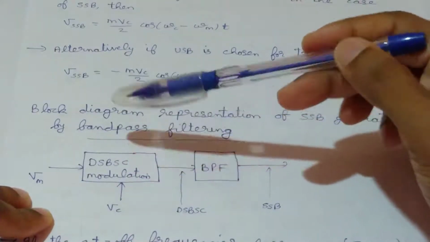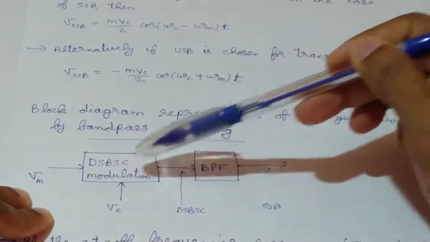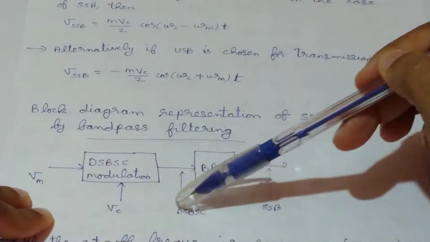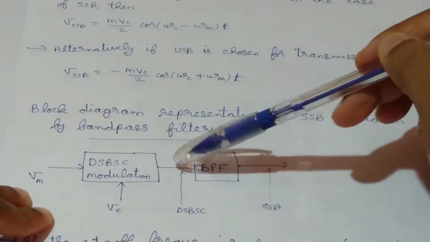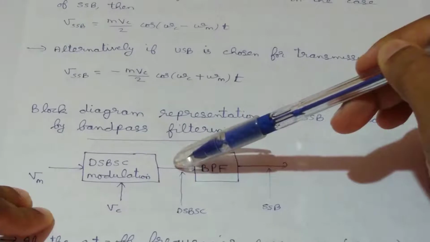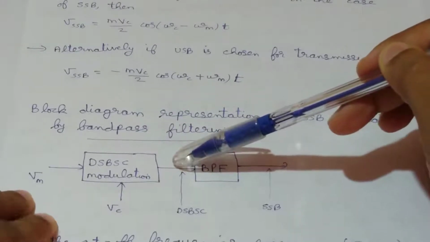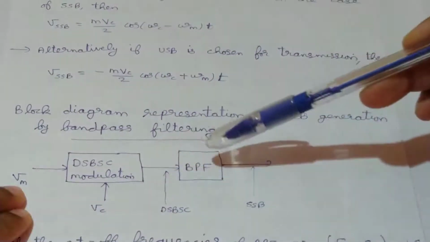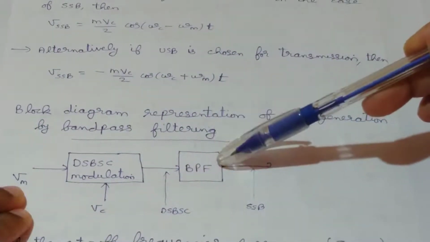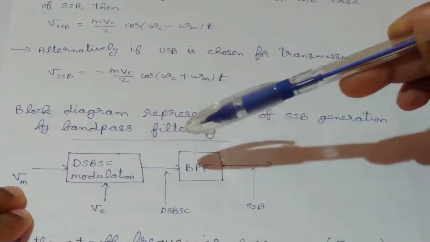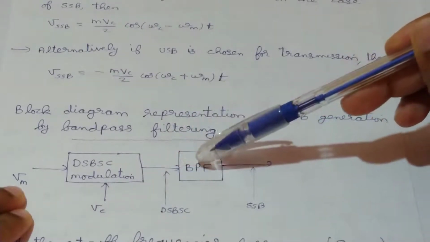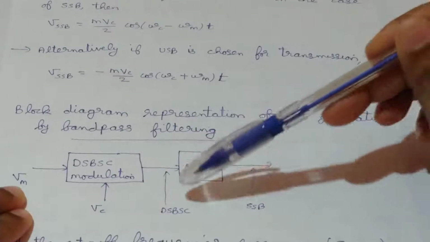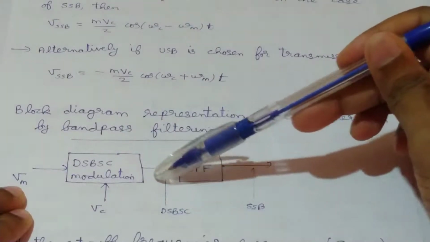At the output of this DSB-SC block we get the DSB-SC signal, our double sideband suppressed carrier signal, available at the output of this first block. Then by using this band pass filter, we can select either the lower sideband component or the upper sideband component from this DSB-SC wave.